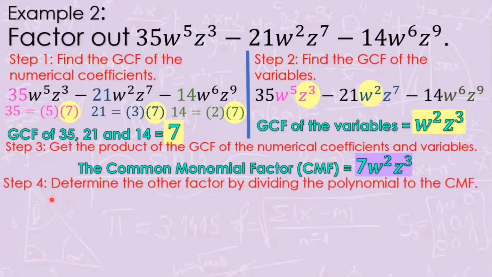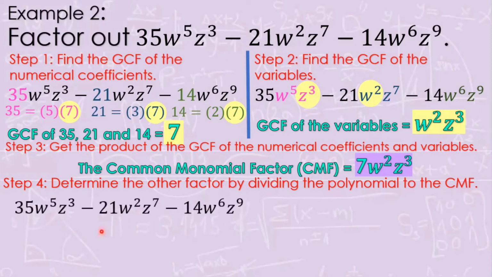To determine the other factor, we need to divide the given polynomial to the CMF. Okay? So, this is our given. This is our CMF. So let us divide each term of our polynomial to the common monomial factor. So 35 divided by 7 is 5.